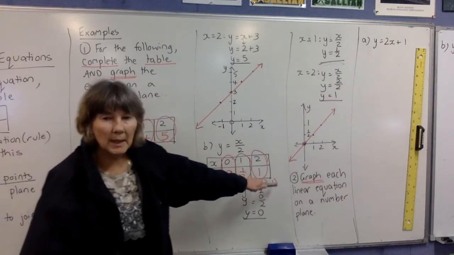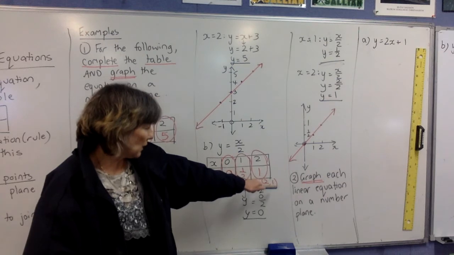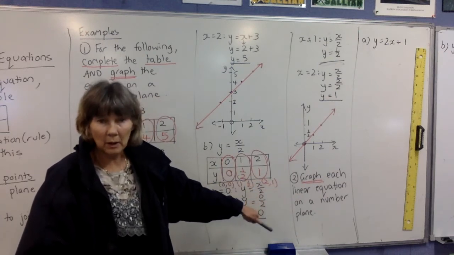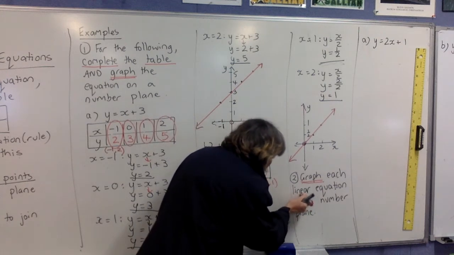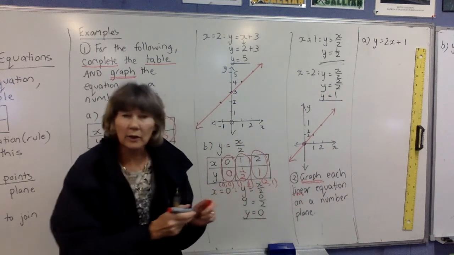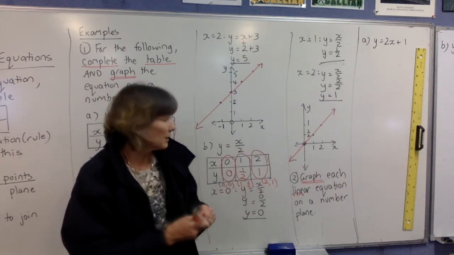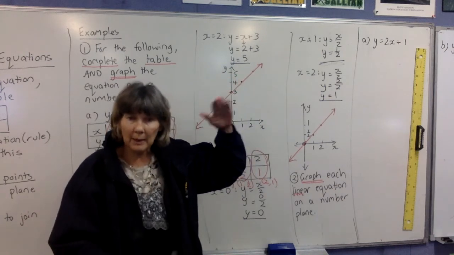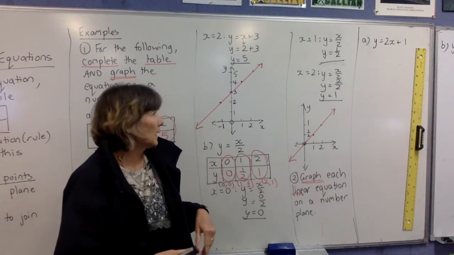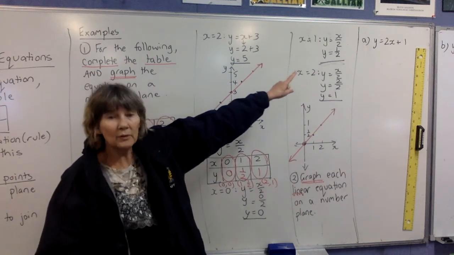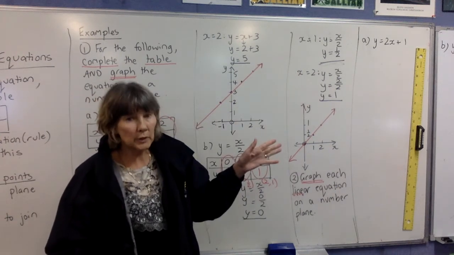Now, number 2 says, graph each linear equation on a number line. So they've got a little hint in here telling you that these are going to be lines. All right, I'm going to end up graphing it on the number plane with the x and y axis, but it will be a line, just like the other ones are. All right, so this time they've given you the rule, but no table.